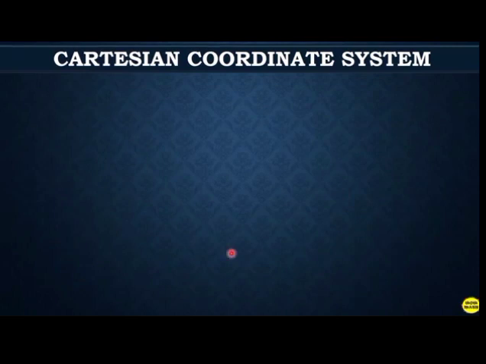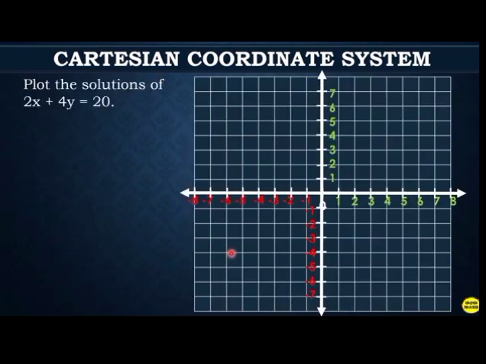Okay, so let's plot those points. Let us plot the solutions of 2x plus 4y equals 20. So we have 2 and 4. Let's plot the 2 and 4 here. Next is 3, 7 over 2. Next is 4 and 3.